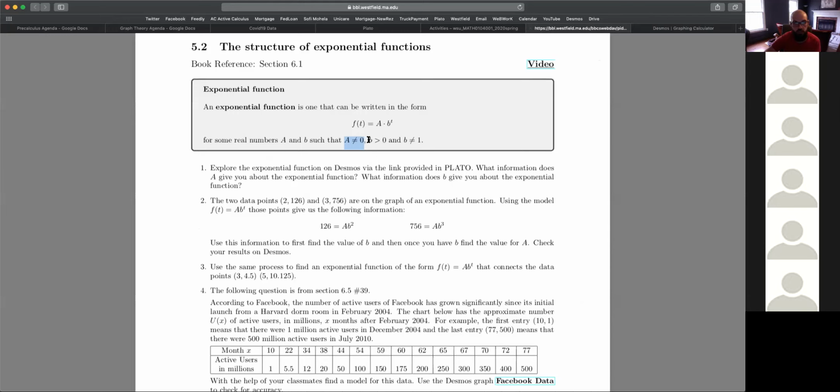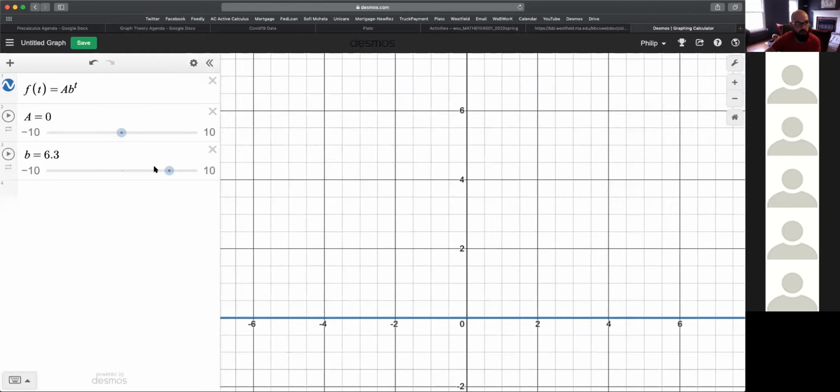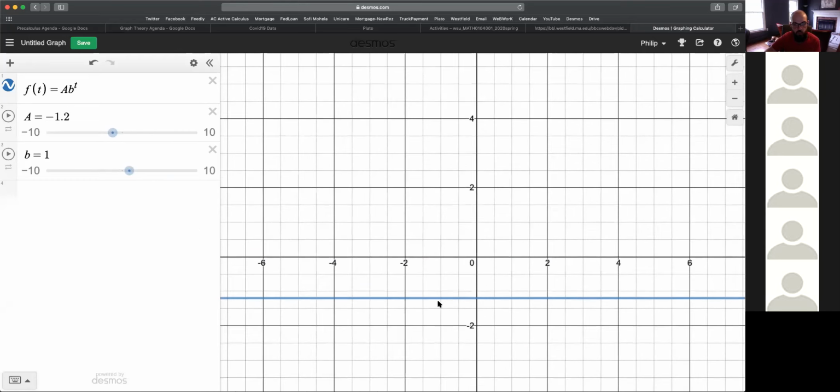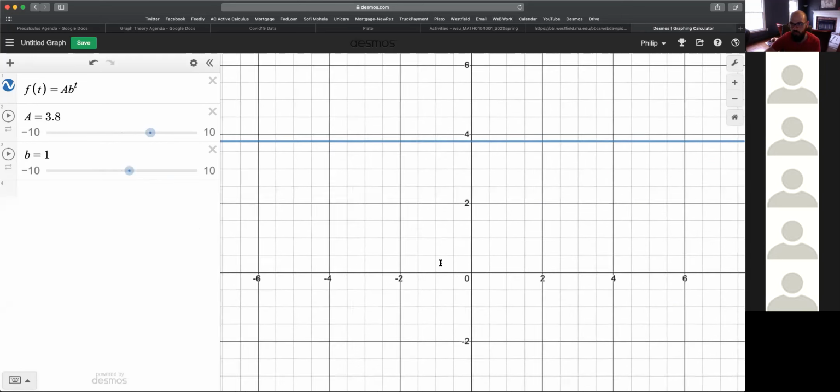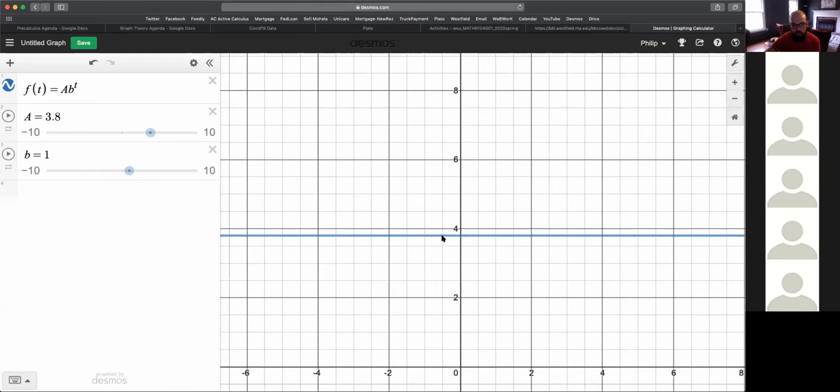And similarly, let's do this one. We don't want b to be equal to 1. Okay, so let's make b equal to 1, and then we'll make a something different. So in the case where b is equal to 1, you'll notice that we get the same type of deal. We get this straight line.